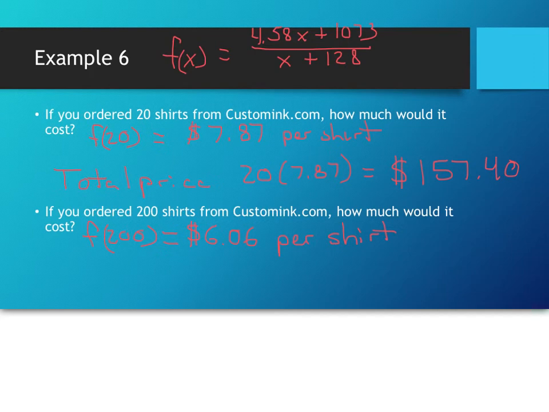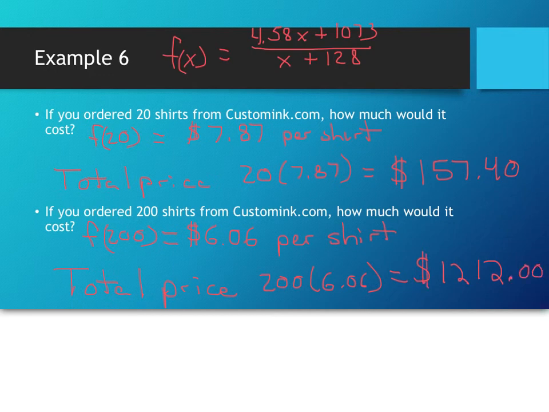All right, and the total price, 200 times 6.06. I'll type that in, and I got $1,212 and no cents, 0.00 maybe.